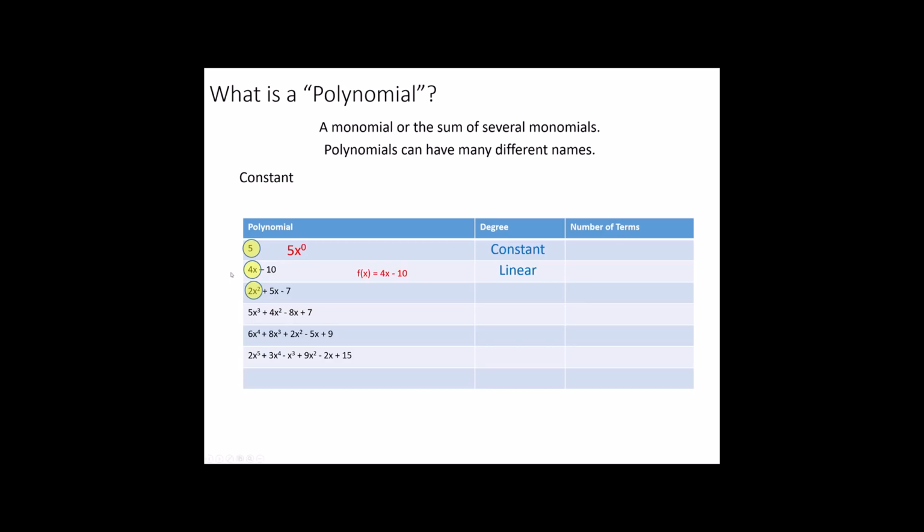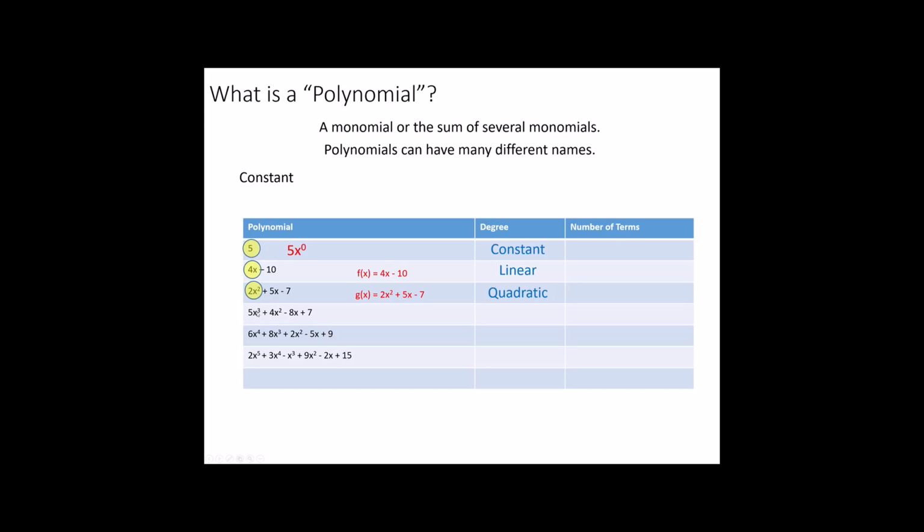This, of course, is x to the first power. This is x to the 0 power. When you look at this all together, it should look familiar to you from our functions unit. We often wrote it like this. This type of function had a special name. It's a quadratic function. Because this is a quadratic function, for the very same reason, this is a quadratic polynomial.